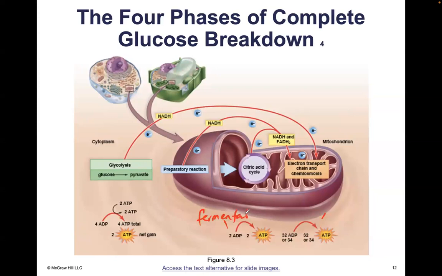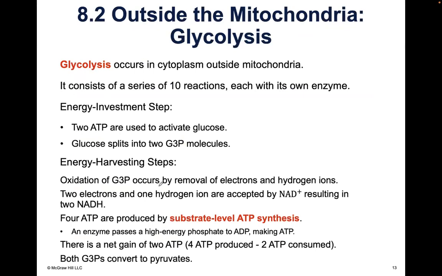The fermentation process will start, producing lactic acid plus CO2, or some alcohol. And if there is oxygen and the process of cellular respiration continues, which is aerobic, it produces 32 or 34 ATP. So this is what is meant here. We will see the processes in more detail later on.